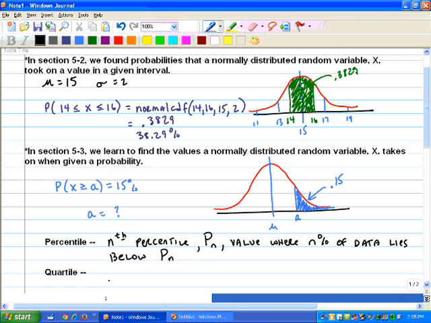Recall, quartiles divide a data set up into 4 equal-sized parts. The first quartile, or Q1, is the value x such that 25% of the data is less than Q1.